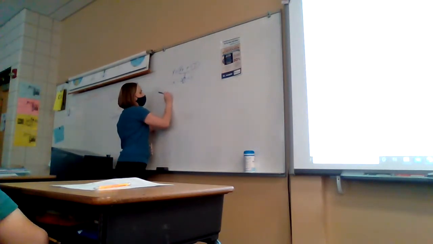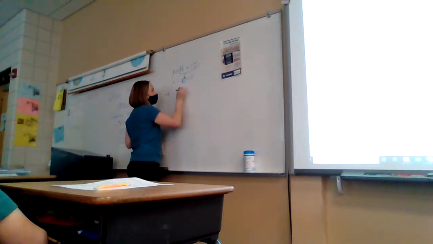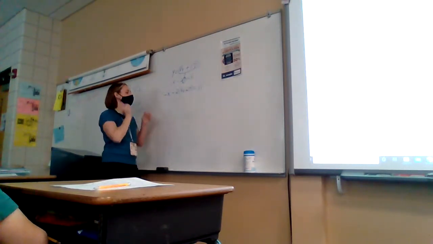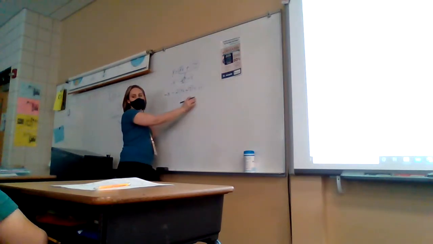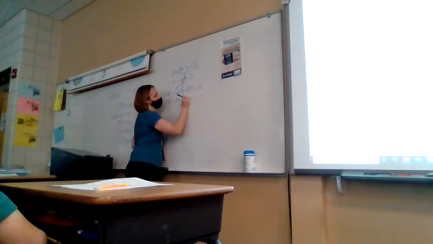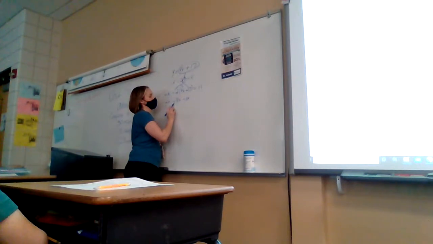So then we're just going to have a lovely algebra mess: negative x minus 2 times the quantity 4x plus 17 equals 11. Okay? So we have the distributive property, negative 2 times 4x is negative 8x. Negative 2 times 17 is negative 34.